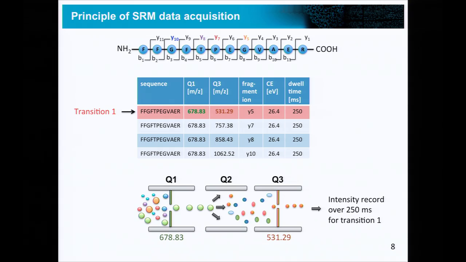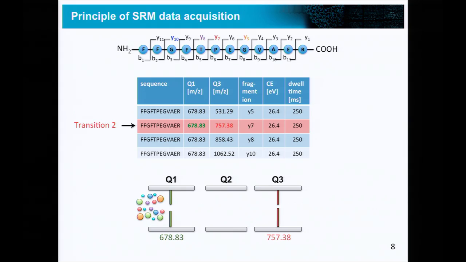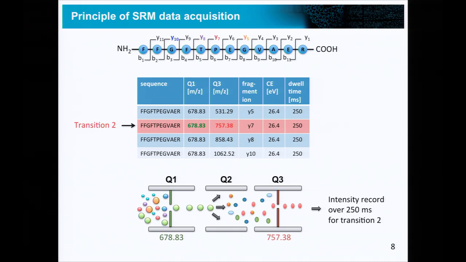Once this value is stored, it will switch to the second line of the table and do the same. In this example, Q1 stays the same, but we are looking at a different fragment ion. It will accumulate the signal over 250 milliseconds and record a second intensity.